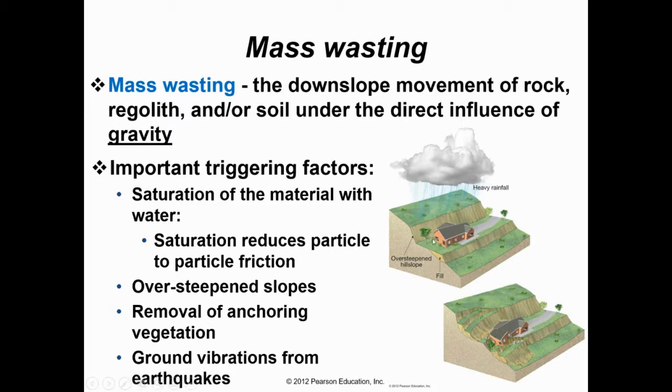And they shouldn't have built this house here, where they basically cut back into this cliff and they left an exposed, very steep hillside. Well, when it rains a lot, they're risking this steep hill slope becoming oversaturated and then giving way. Okay, and that's what happened in this picture down here.